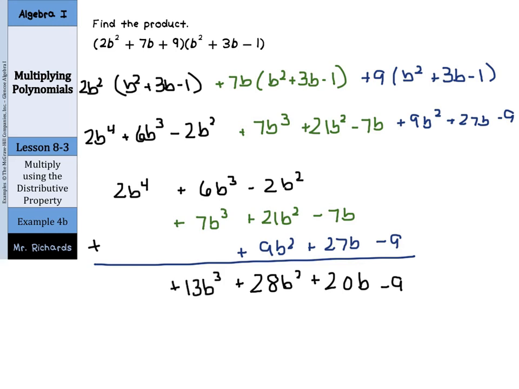And then 2b to the 4th, well, that's just 2b to the 4th. So our answer, 2b to the 4th plus 13b to the 3rd plus 28b squared plus 20b minus 9. And that is this lesson on multiplying polynomials. Good luck.